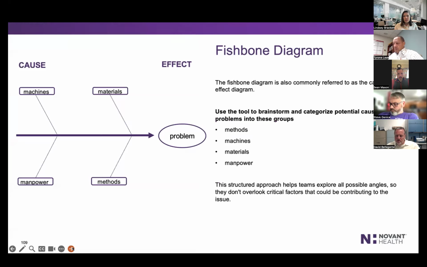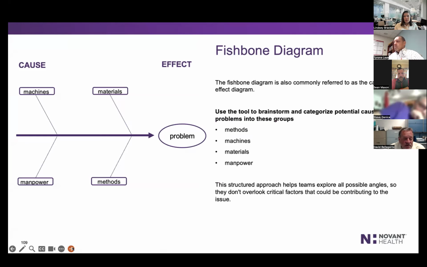Okay. So down on this fishbone diagram, which is referred to as a cause and effect diagram, you use the tool to brainstorm and categorize potential causes of problems into these groups. This structured approach helps teams explore all possible angles so they don't overlook critical factors that could be contributing to the issue.